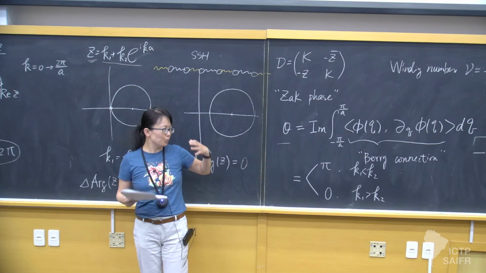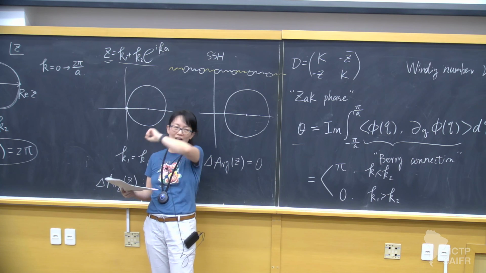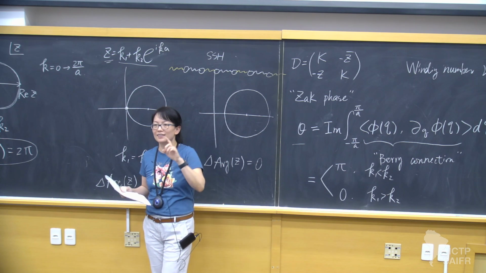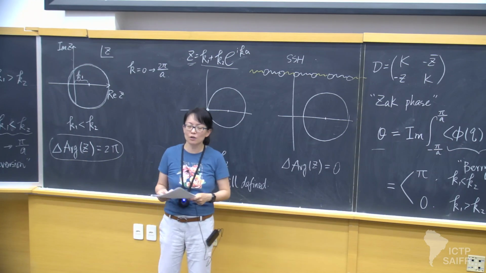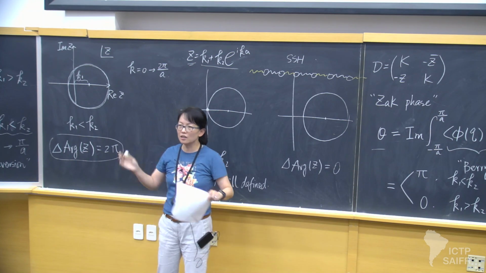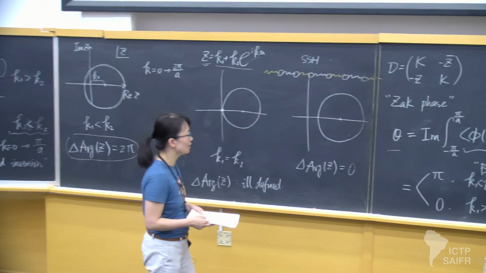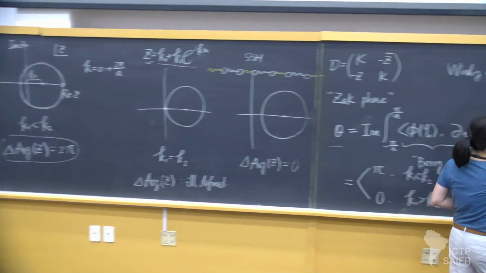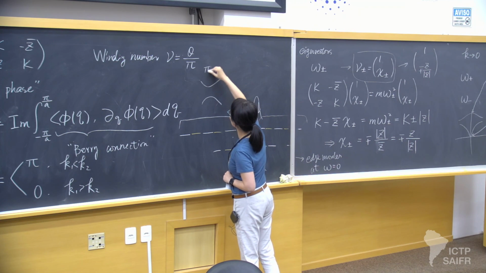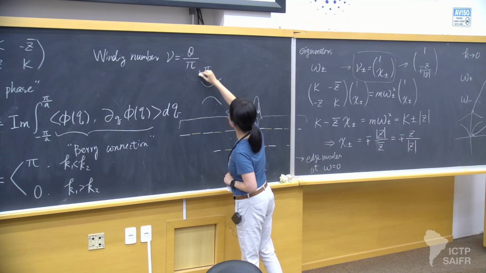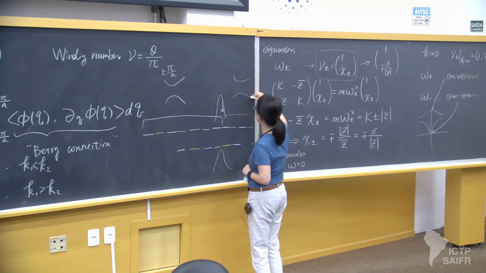Proving why this index gives you those edge modes is not trivial. It takes many steps. In general, the picture you can think about is usually like here you have a gap, at plus minus pi over a. Here you also have a gap.